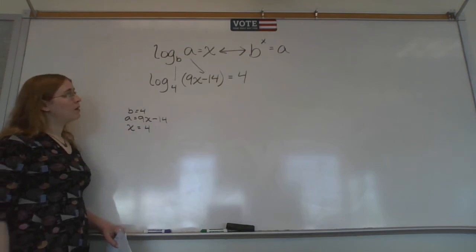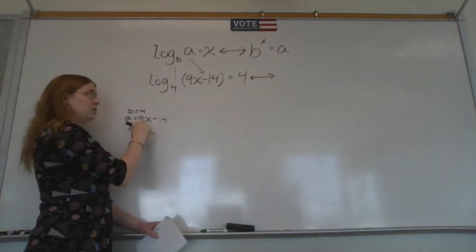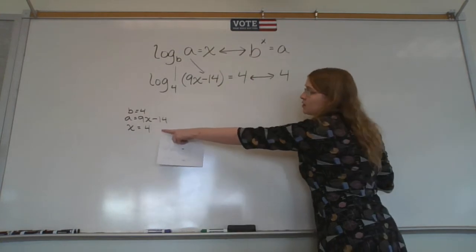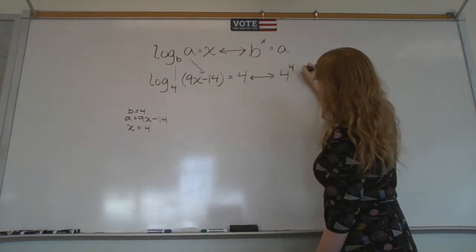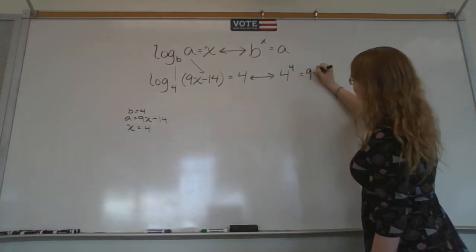Okay? So rewriting it, b is 4. X is 4. And a is 9x minus 14.